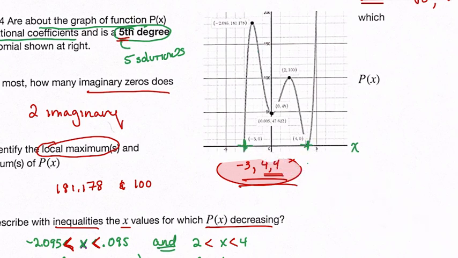So when is it greater than 0? Well, it's always greater than 0 right here. I'm above the x-axis, so these are all positive y values. These are all positive y values, positive y values. Oh, y value of 0, positive y values.